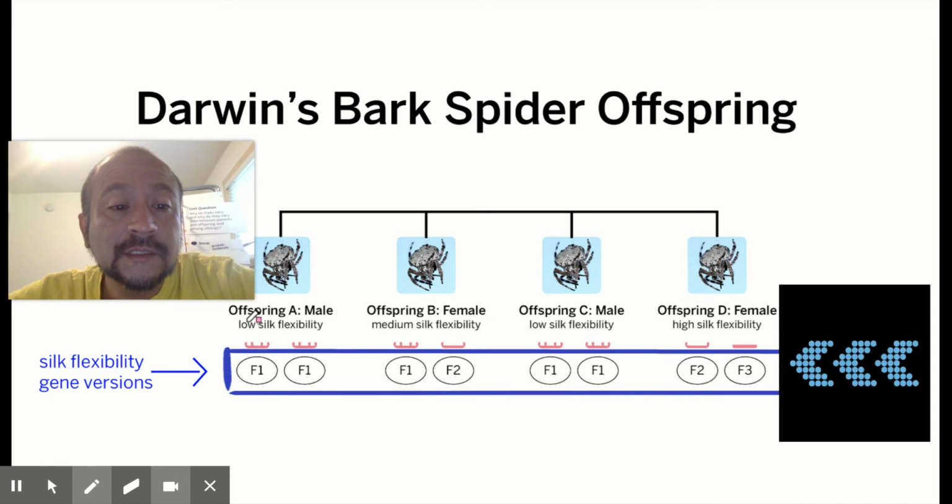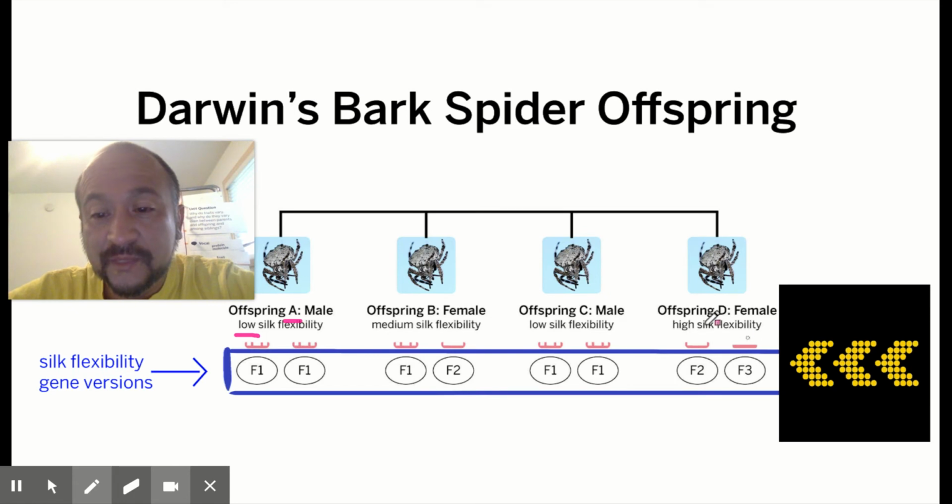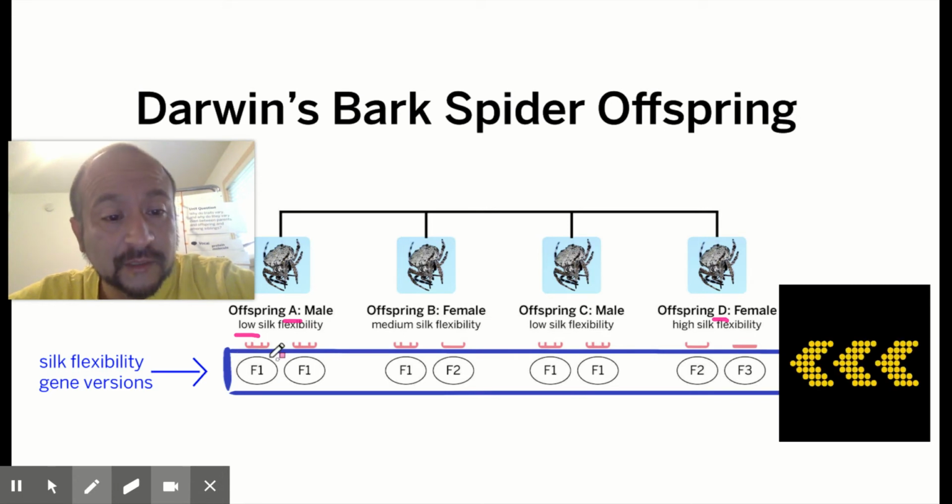As you can see here, this offspring A would be the oldest spider in the family, and this would be the youngest, offspring D, and these would be the middle children, B and C. We have low silk flexibility, and we have the same type of protein molecules. Since they are the same, we refer to them as F1, F1.